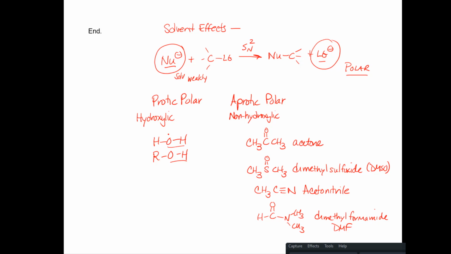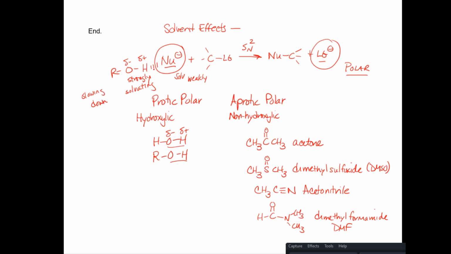Which of these solvents is going to more weakly solvate the nucleophile? Everything that doesn't have an OH group. Because when you have an OH group, you've got a strong delta minus and a strong delta positive charge. So when you use protic solvents, you solvate the nucleophile really strongly, and that's going to end up slowing down the reaction. The nucleophile, if it's strongly solvated by a protic polar solvent, is going to have to get rid of that solvent before it attacks the carbon.